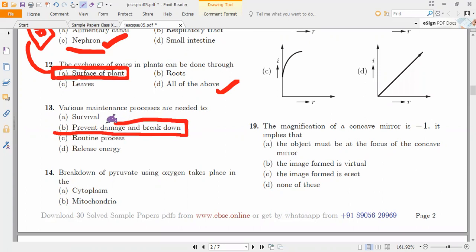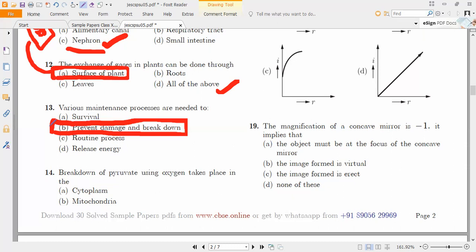Remember that. So inside the biological system, energy always needs to be released for maintenance processes. It needs to prevent damage to the body from the outside. If you want to maintain all the processes in the body, they should not be affected by other outside things.